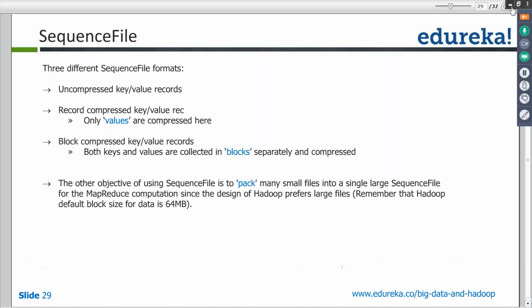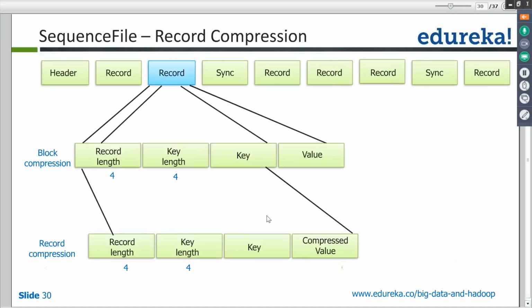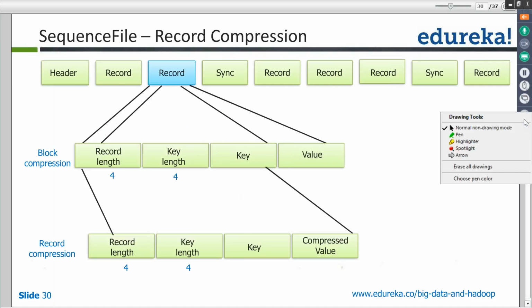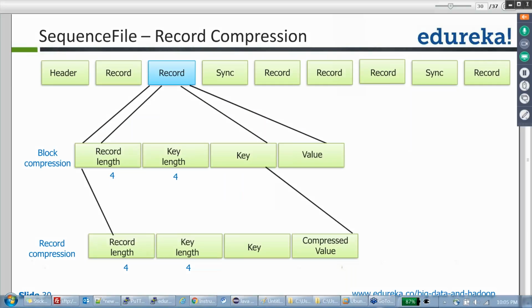If you look at it schematically, this first thing is your sequence file. When I say record compressed, that means for each record the value would be compressed. This is called record compression.